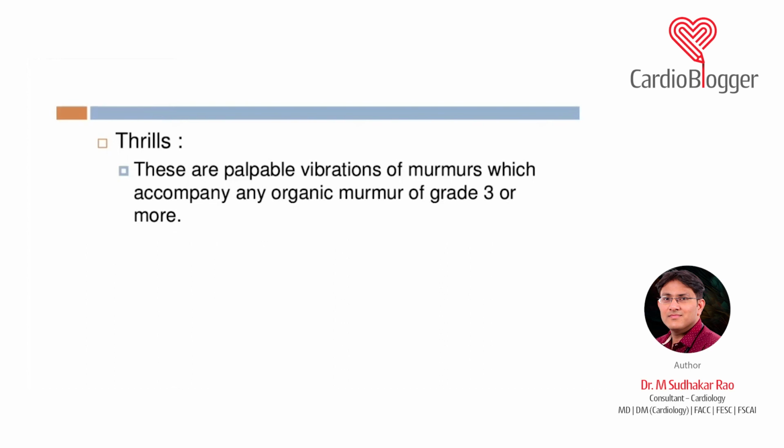The exception to this rule is that there are many functional events, like in cases of severe anemia, thyrotoxicosis, and many other cases, where we rarely get a thrill. Though the rule is that a thrill usually says the murmur is organic, it also localizes the murmur and tells that the disease is severe. So it localizes the murmur, it tells that it is organic, and it tells about the severity.